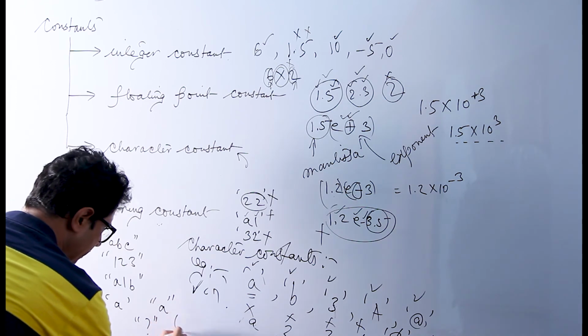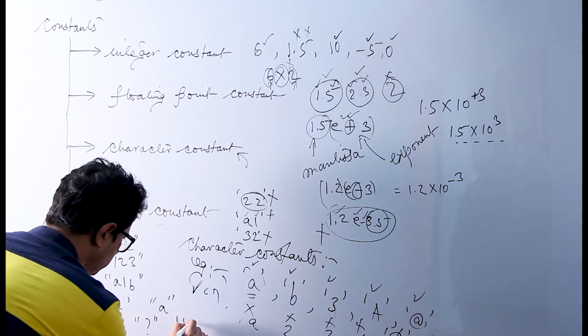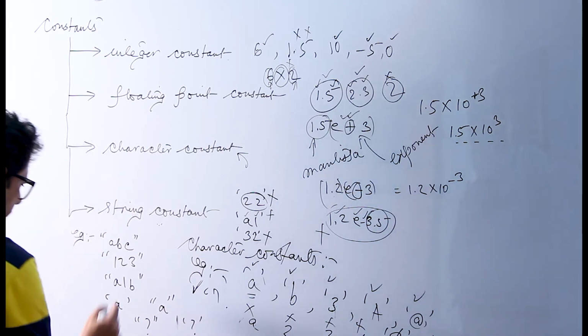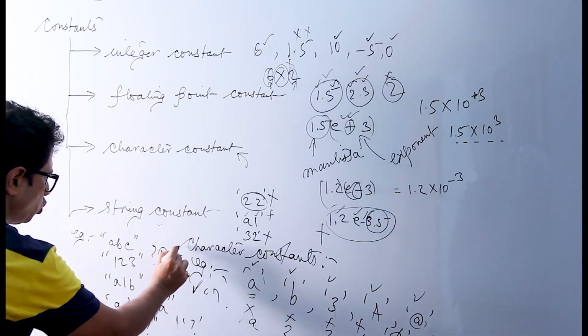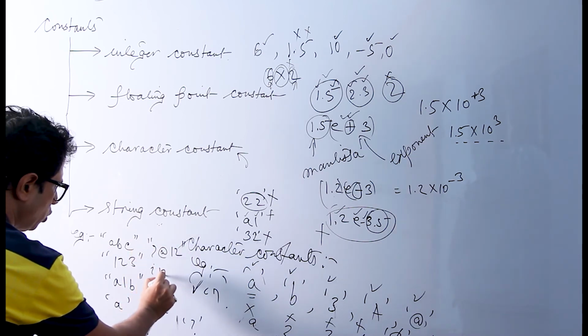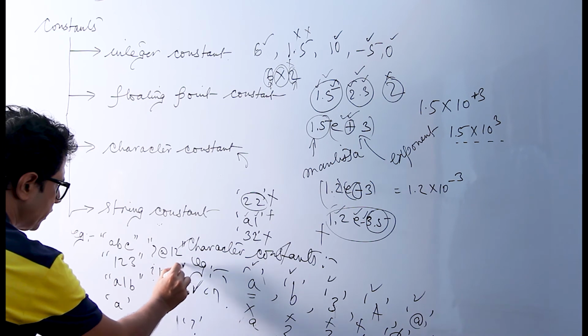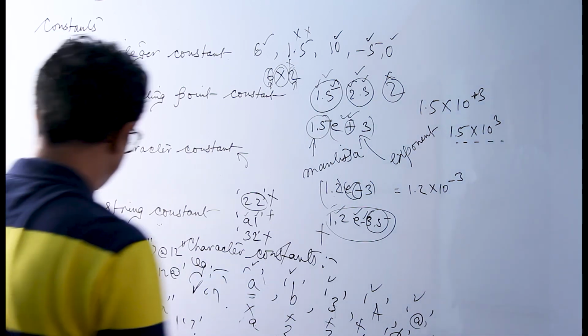We can write a single quote question mark. We can write double quote question mark @ 1, 2, and question mark 1, 2 @ within single quote. Let's see which are string constants and which are not.